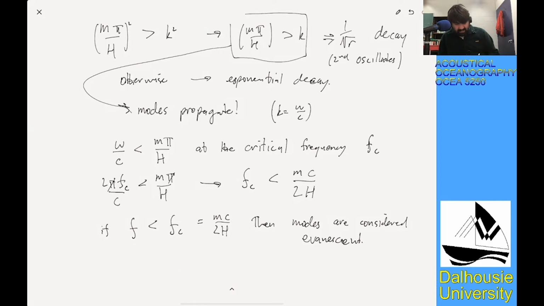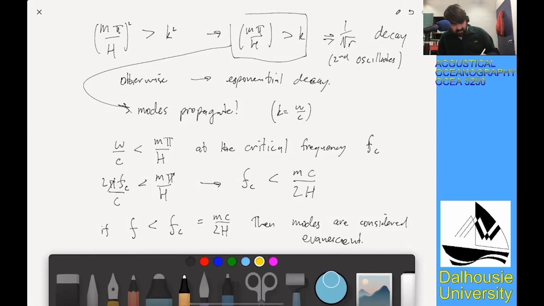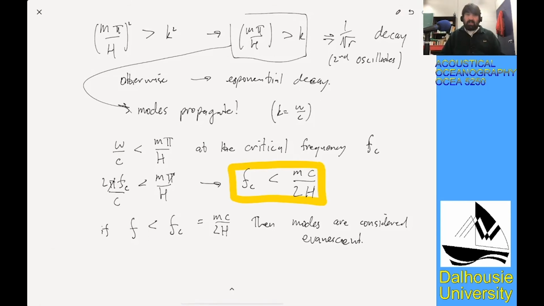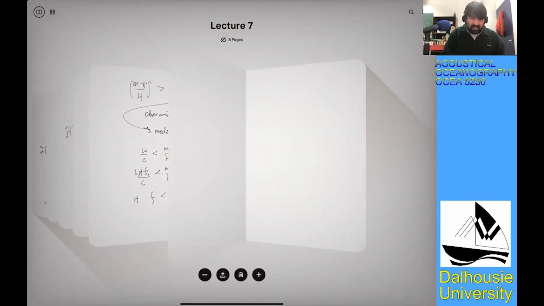Okay, so this is a very simple little expression that tells us how many terms we need to include in our sum, right? So it's practically very important because we don't have to compute an infinite sum anymore. But it also is physically very important. It tells us how we can take our sound field and decompose it into a number of modes, right?